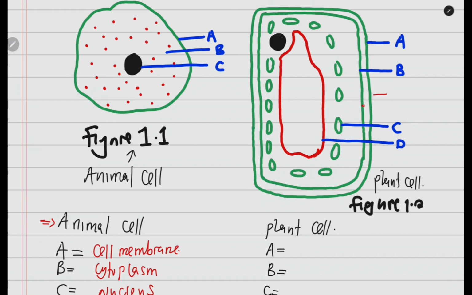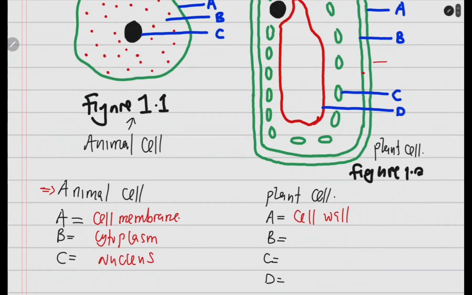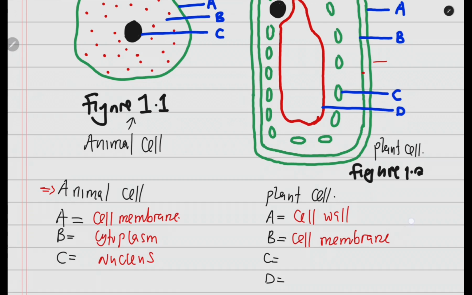The first layer, the outside part, that is A, is the cell wall. Then B is where you find the cell membrane. We are going to look at the functions of each and every part here.